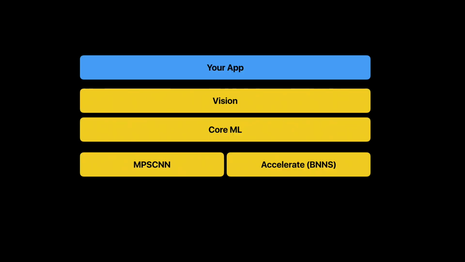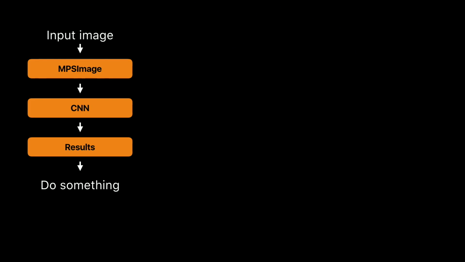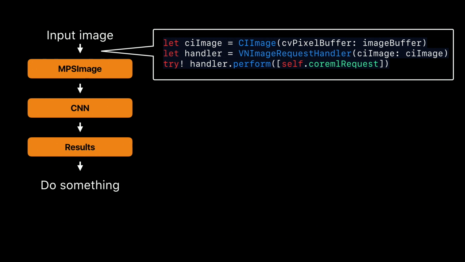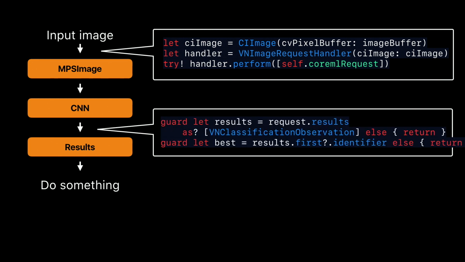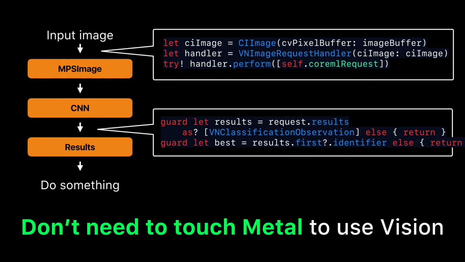But in iOS 11, we can use the Vision framework too. Using Vision, we can pass the input image as a shear image, or we can get the results very easily from classes of Vision. We don't need to touch the Metal layer.